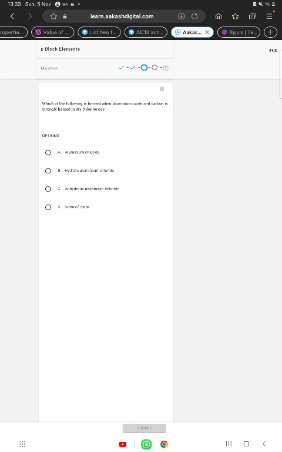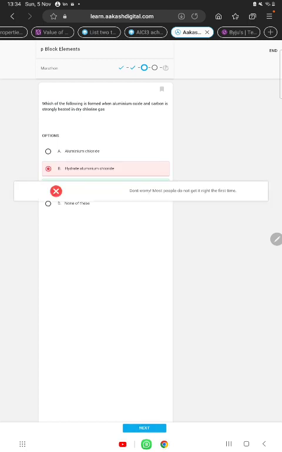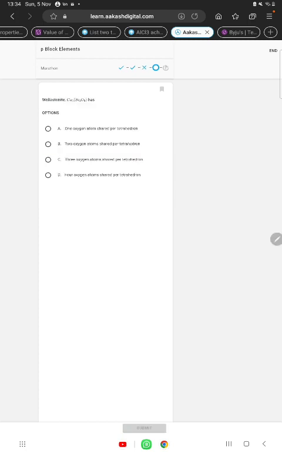Aluminum oxide and carbon is strongly heated in chlorine gas. The answer is anhydrous aluminum chloride will form.